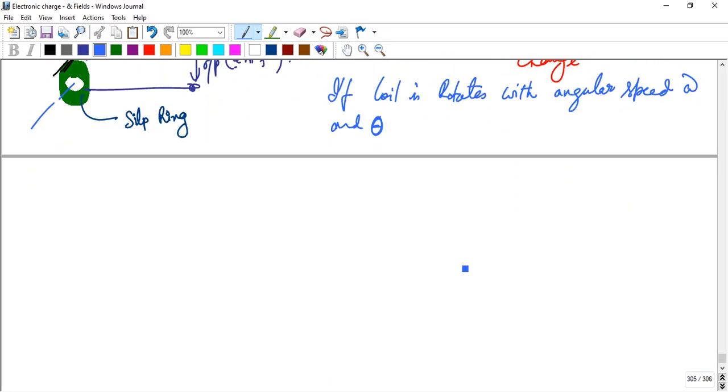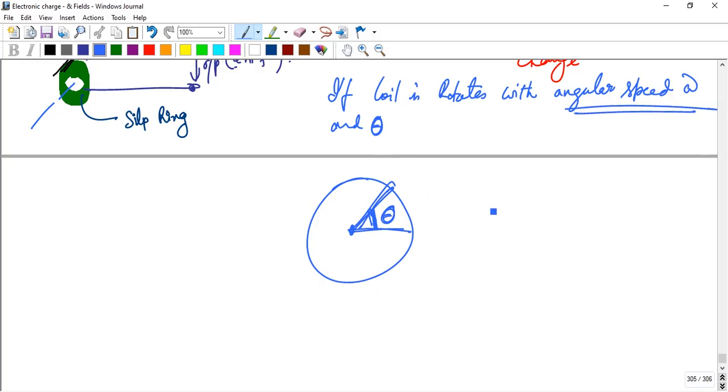You see that if there is a rotation here, there is a theta change, and these are the angular speed. Here theta is the angular displacement, which is equal to omega times time.